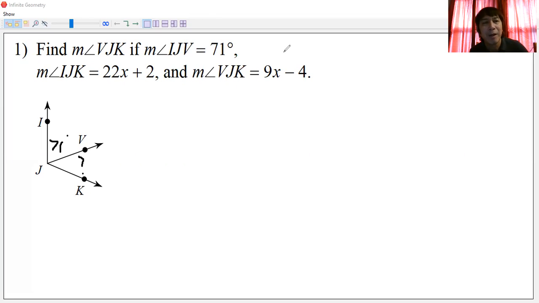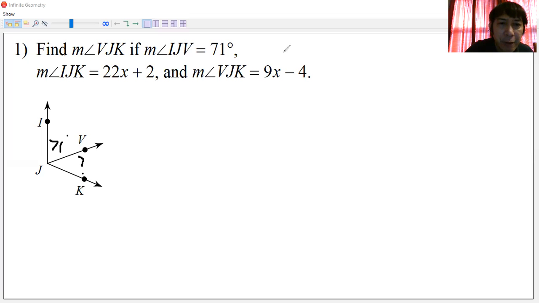All right. Now the measure of IJK is expressed in algebraic expression 22x plus 2. Now the measure of IJK is actually the total. So if you're going to set up the equation, we can set up the equation first. We have the IJV.